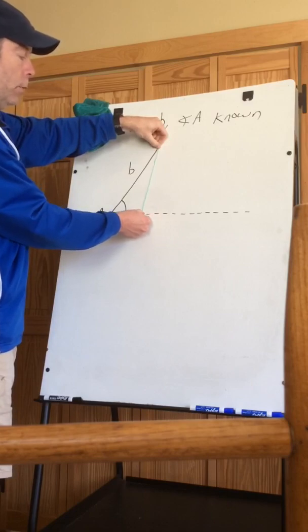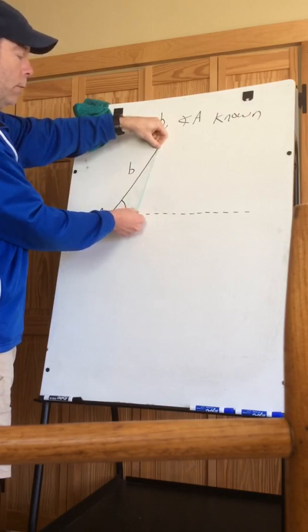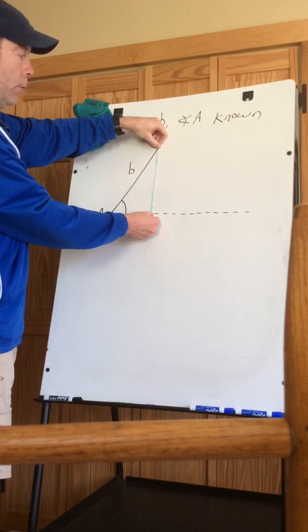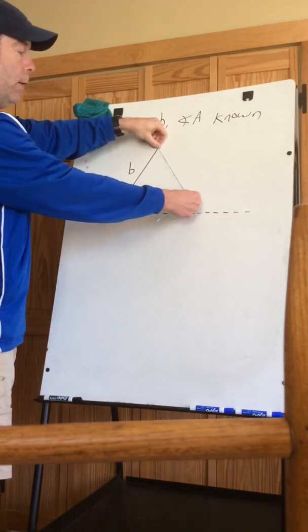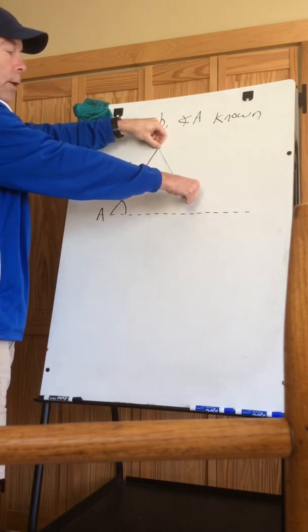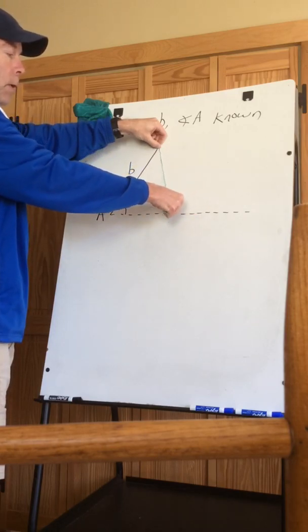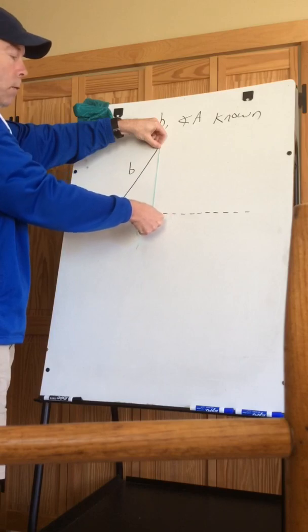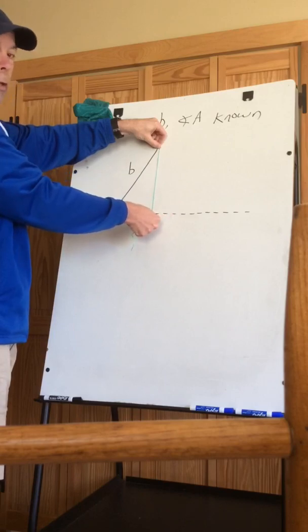We can see that we will only form one triangle, and that's the triangle that happens right there. If we swing out in that direction, no triangle, right? The side isn't long enough to reach the other side. So when we get down to here, where we're perpendicular, it just reaches the infinite length side once.